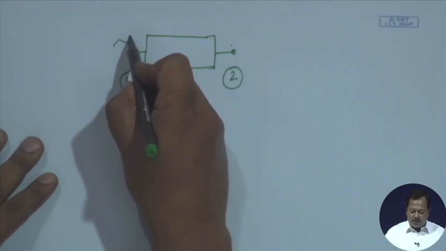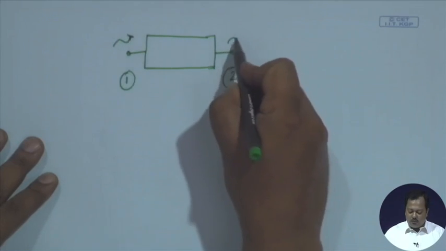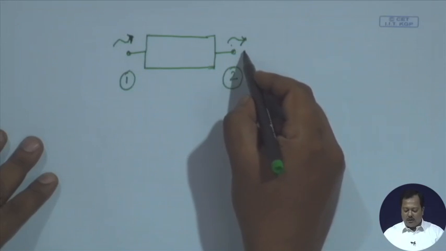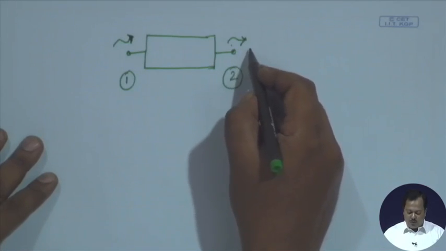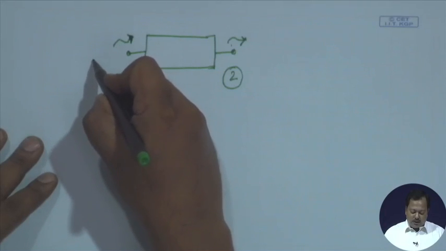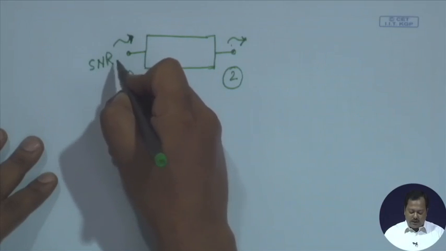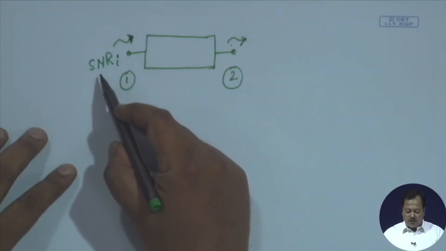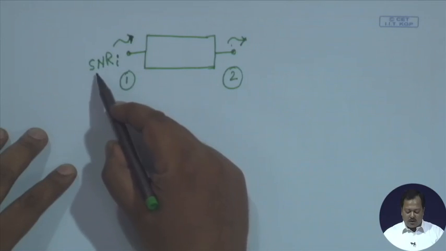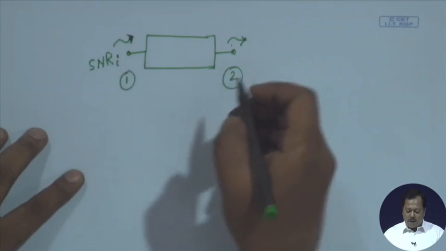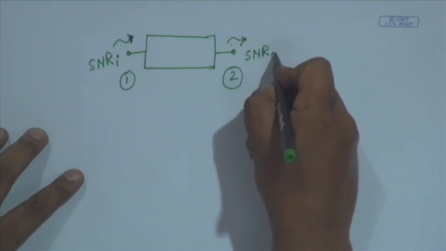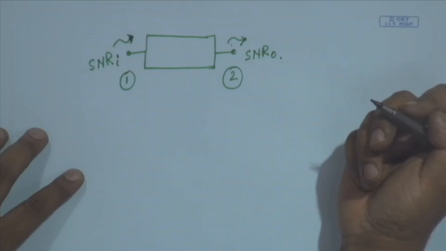It is receiving some signal at port 1, and then we are collecting the signal at port 2. Let us say the signal to noise ratio at port 1 is given by SNRI, and the signal to noise ratio at port 2 is given by SNRO.